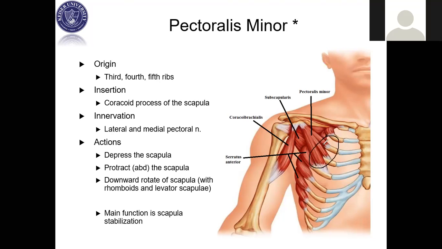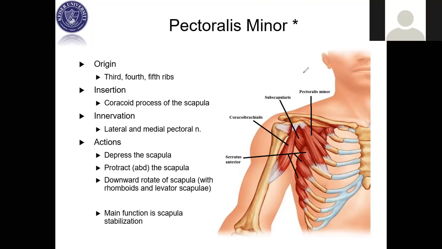All right, pec minor comes from ribs 3 through 5, and it's a very small muscle. It goes from the ribs to the coracoid process on the scapula. So ribs 3, 4, and 5 is the origin. The coracoid process of the scapula is its insertion.